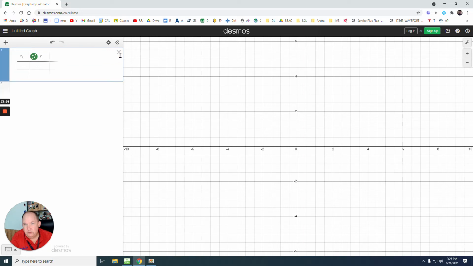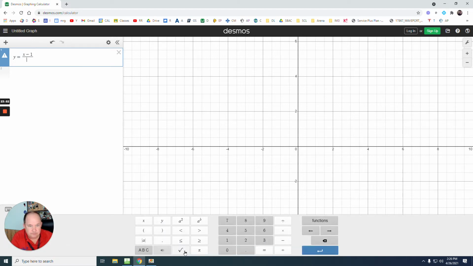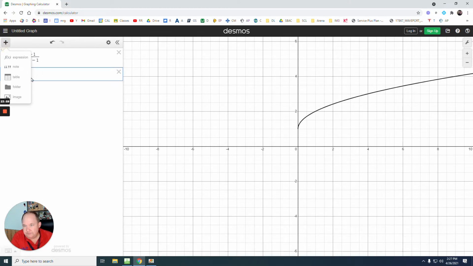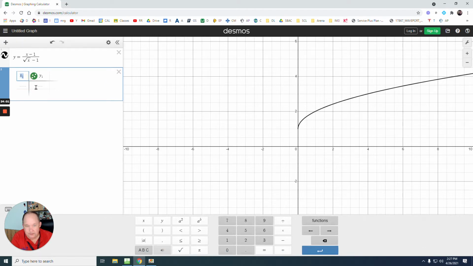x1 and x2. So if I defined it this way, y equals x subtract 1, and then in the denominator is the square root of x subtract 1. And if I did a table here this way, so if I called this x and this y, I think it would work.